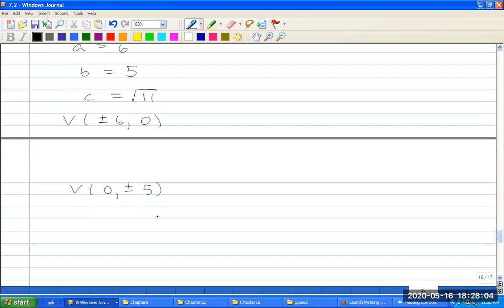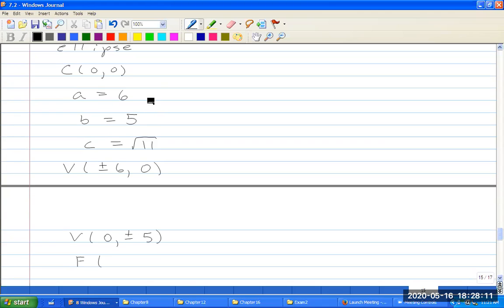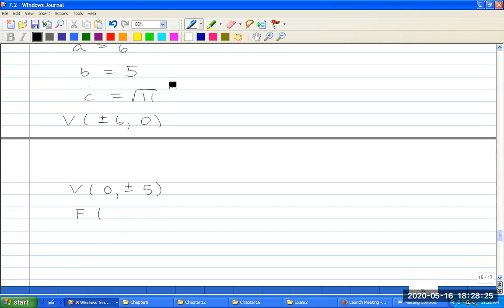The foci: 6 is bigger than 5, therefore the major axis will lie along a, which I'm always using for x. So they'll lie along the x-axis, plus or minus radical 11.